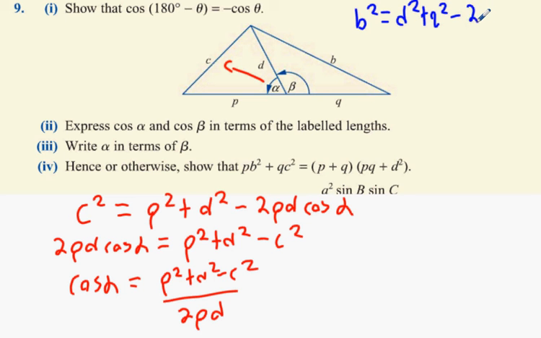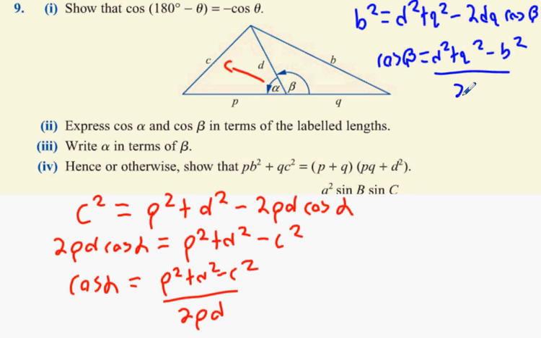Minus 2DQ cos beta. Is it alright for me to just skip to the finish here because it's exactly the same as last time, yeah? So cos beta equals D squared plus Q squared minus B squared all over 2DQ. Is that right?